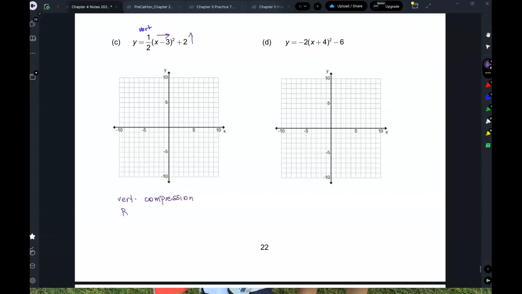It moves to the right 3 units, and it moves up 2 units. Okay, Izzy, where is the vertex going to be for this? At 3 comma 2. Okay, so go ahead and plug this in.